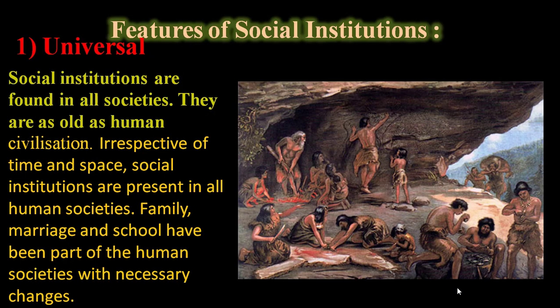Among these, first, it is universal. Social institutions are found in all societies, not only in India, not only in European countries, not only in Asian countries, but in almost all the countries of the world. We can see their existence in all societies. They are as old as human civilizations.